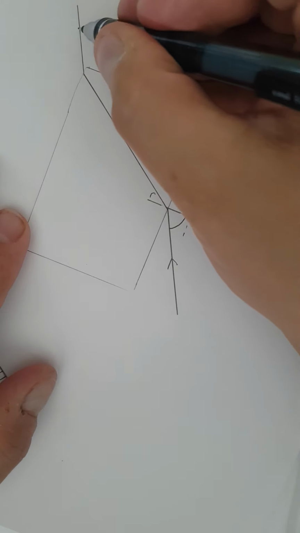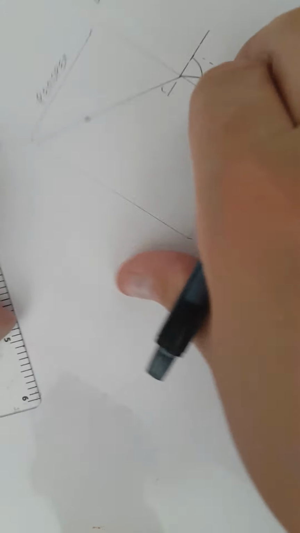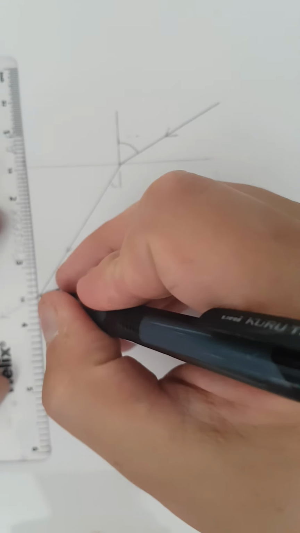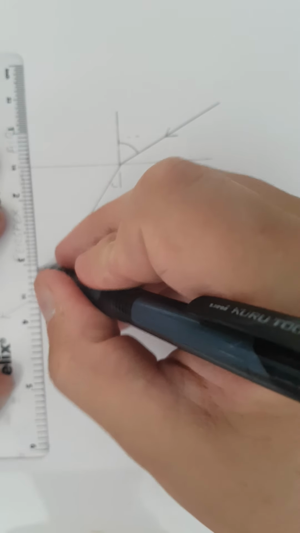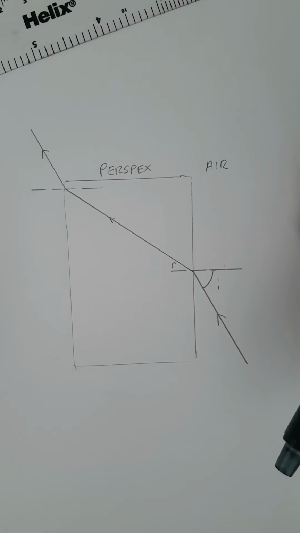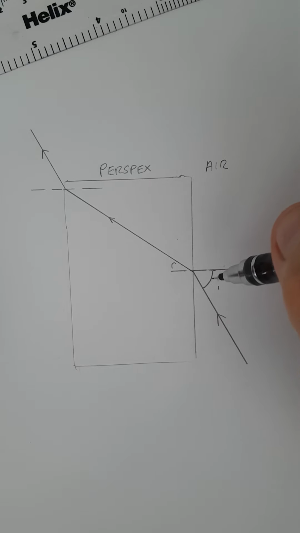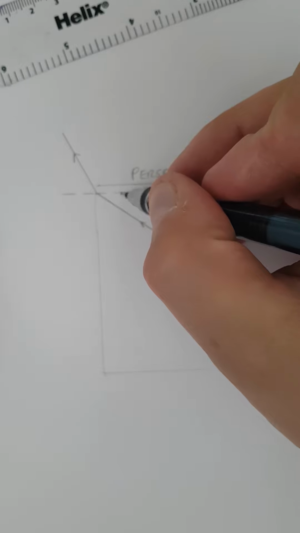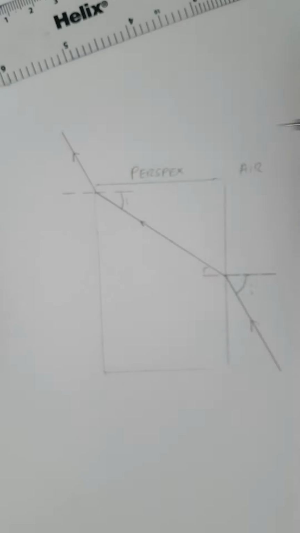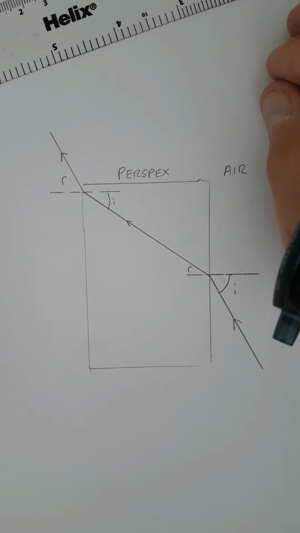Draw my arrows as I normally would. Draw my second normal. And we see the same pattern. The angle of refraction inside of the perspex block is less than the angle of incidence outside. Here, the angle of incidence inside the perspex block is smaller than the angle of refraction outside.